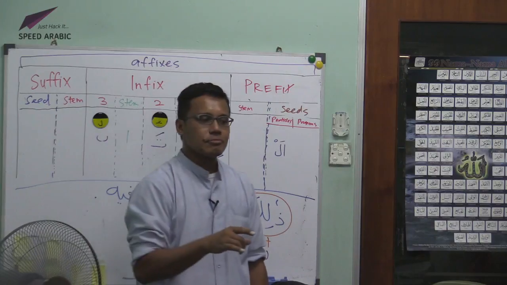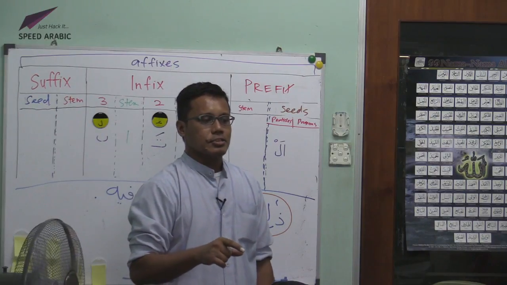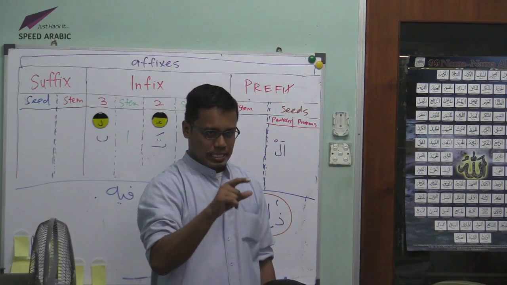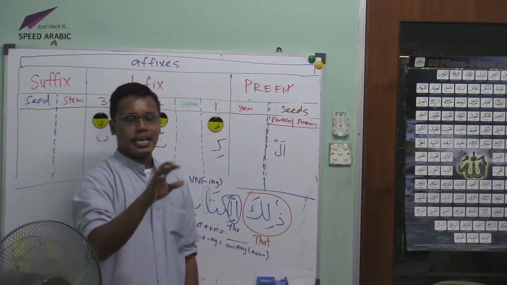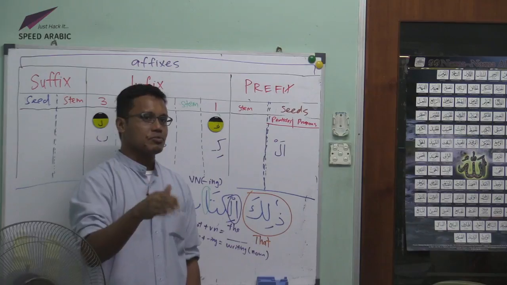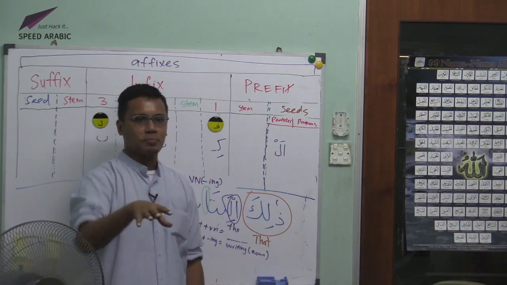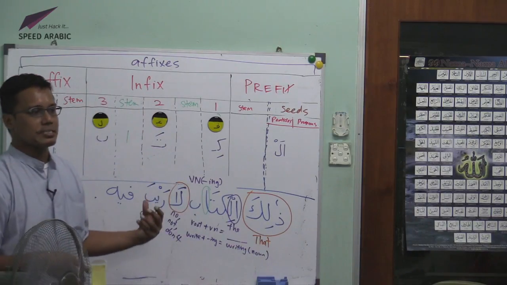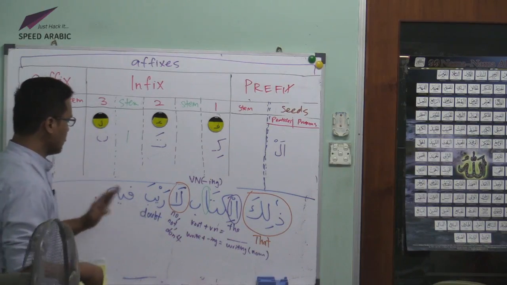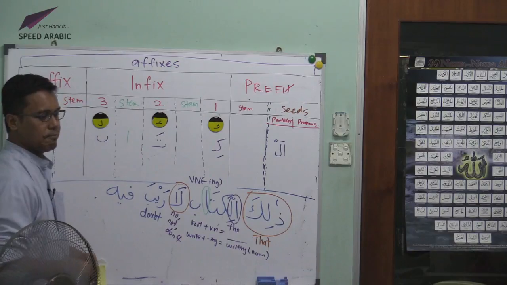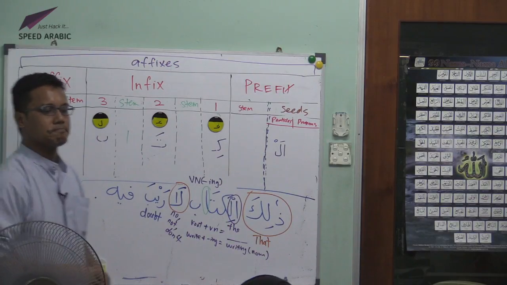So next week we will go into how to use a dictionary properly. Okay, this one is just a practice first. So when you have found the word raiba, it means doubt. You just write it there and done.